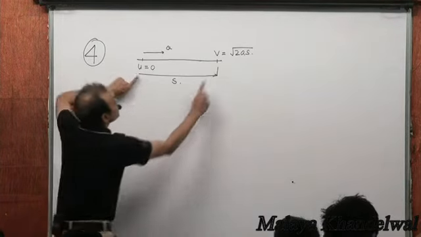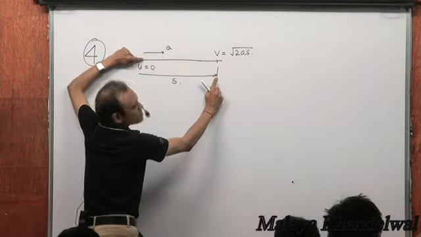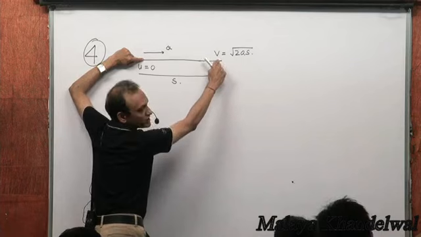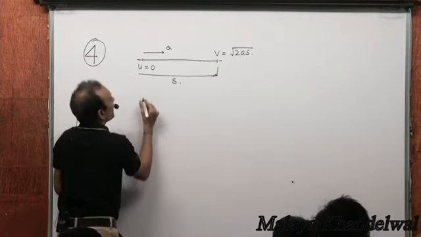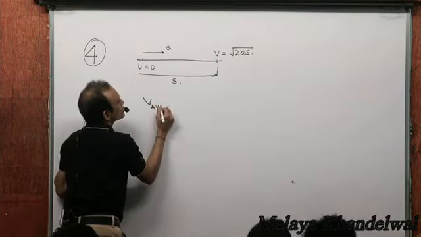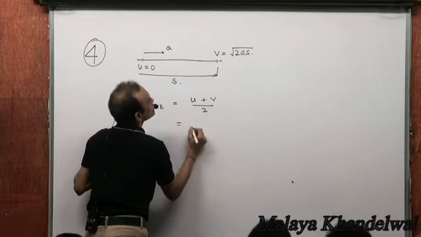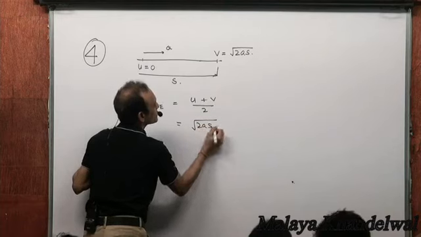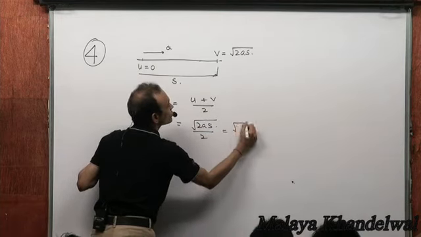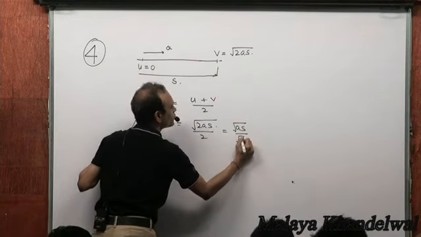So average velocity in this interval would be velocity at the beginning of the interval plus velocity at the end of the interval, by 2. So v average is going to be u plus v by 2, which is root 2as by 2, which is root as by root 2. Very simple, isn't it? That's the average velocity.